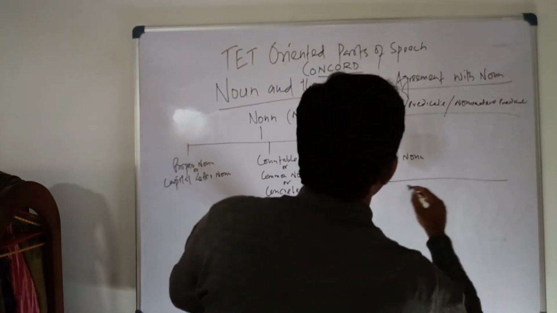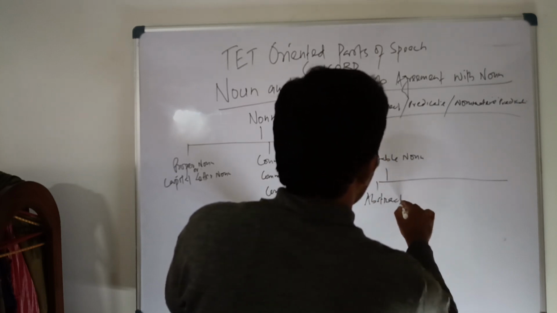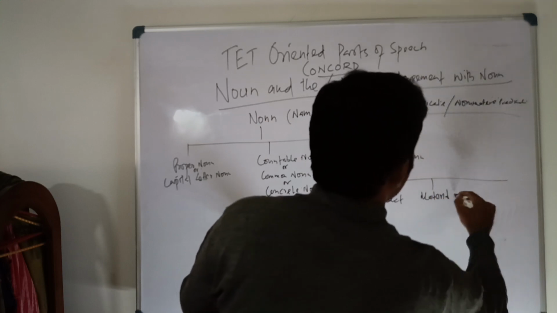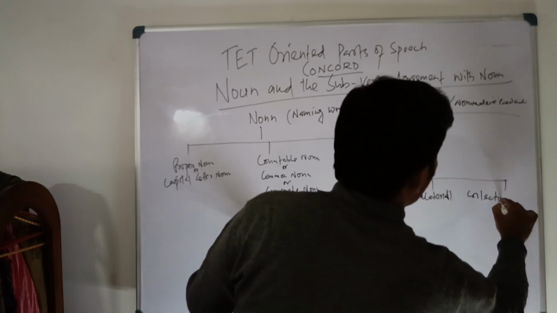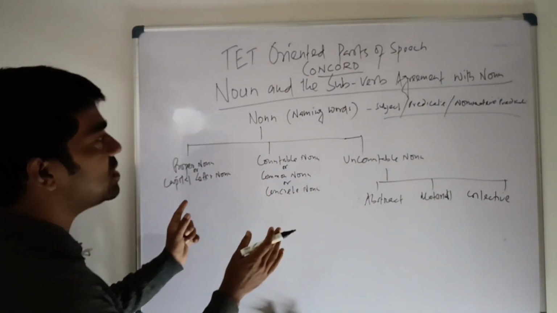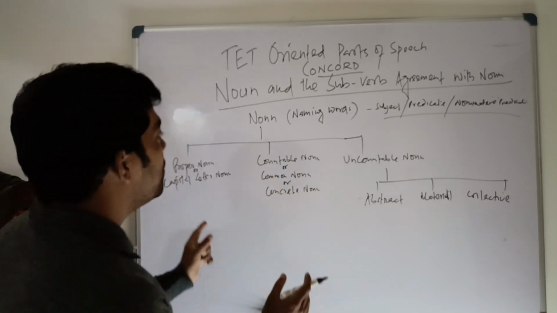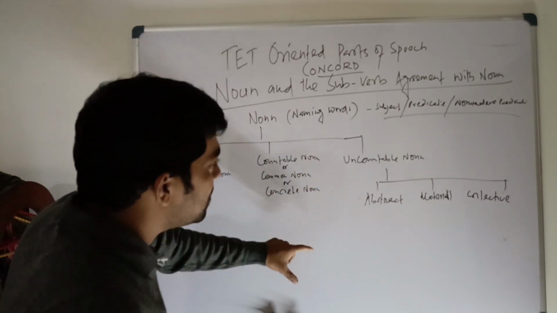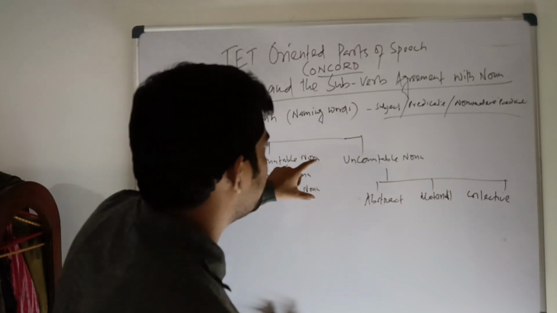Uncountable noun is divided into three types. What are they? Abstract, material, and collective. In this way, the nouns are classified. So all the nouns come under the broad classifications.